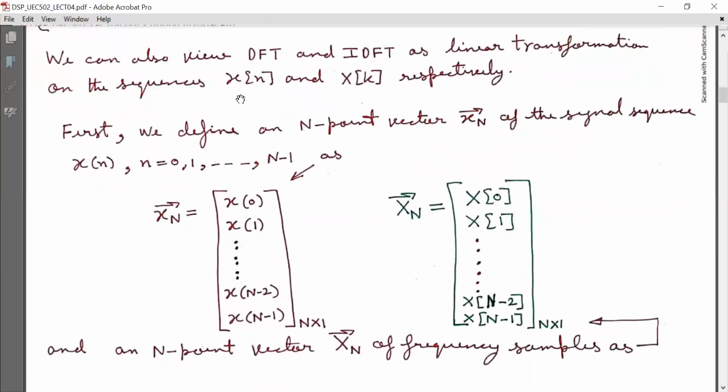We can also view DFT and IDFT as linear transformation on the sequences small x[n] and capital X[k] respectively.